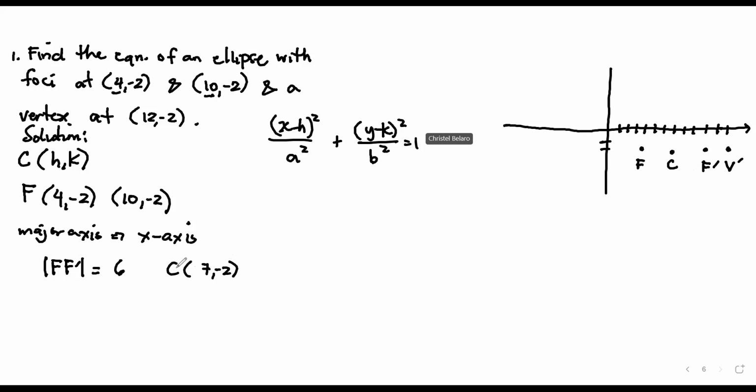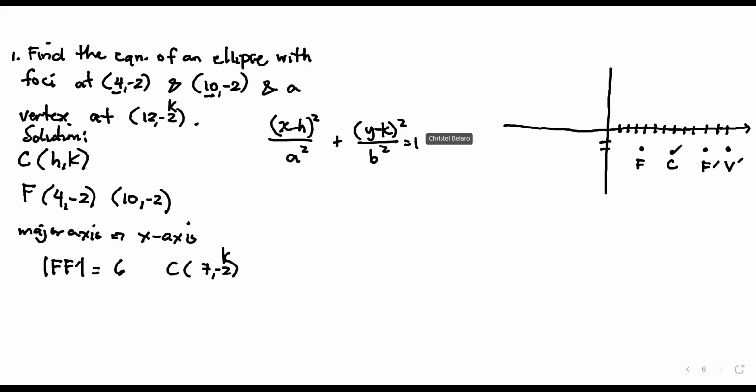Okay? And then, since we have now the center, and this is the k, right? Nagbabago ay sa x coordinate, right? That is h plus or minus a. And then, how are we going to find the value of a?